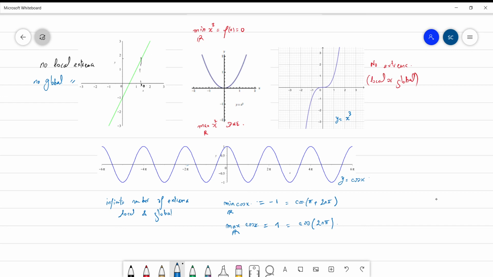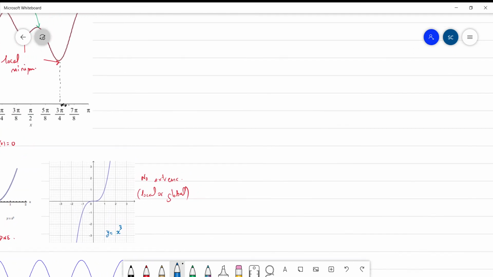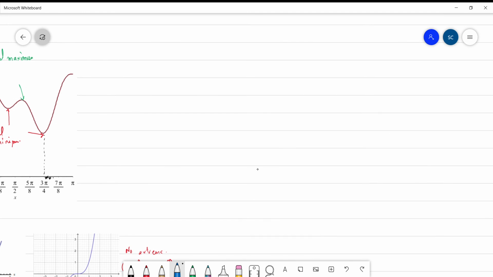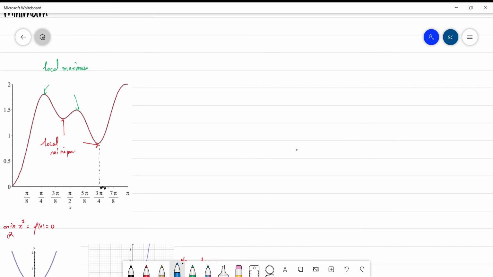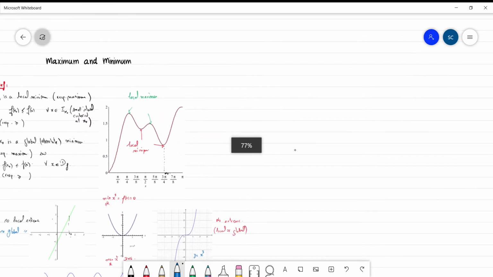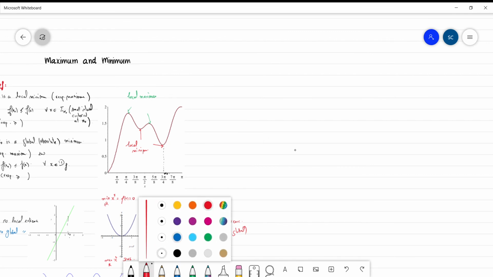The first theorem that will help us find extreme values is called the extreme value theorem. Let's write it here: extreme value theorem.